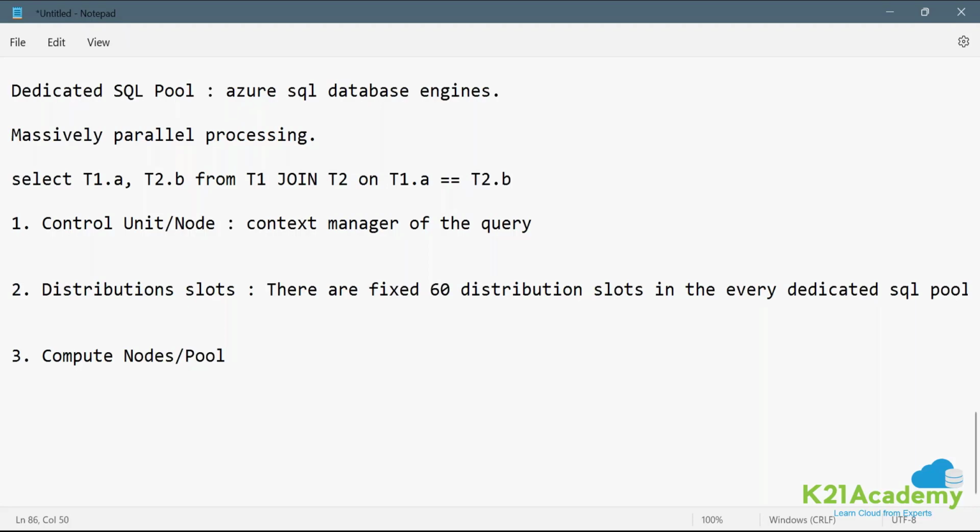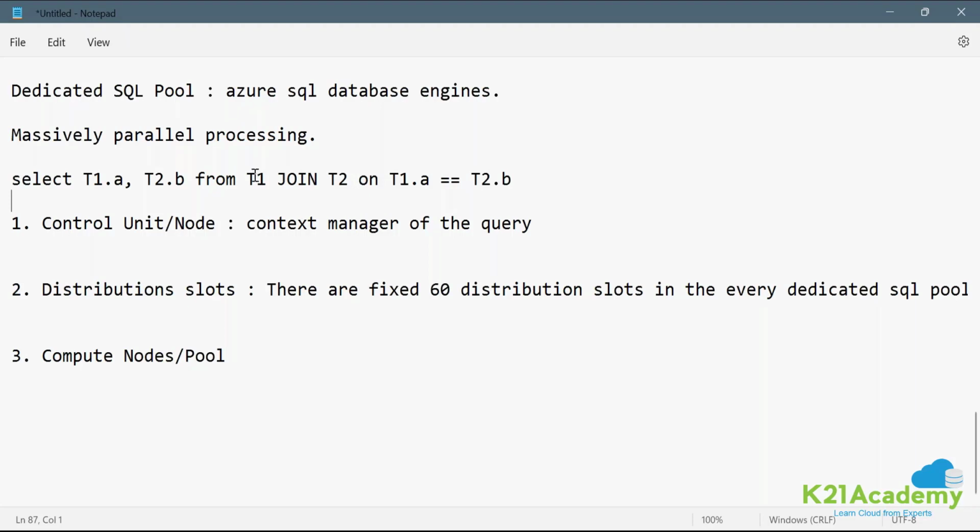Let's say you perform a join of two tables. Now you are hitting two tables, t1 and t2, and doing an equi-join on them.